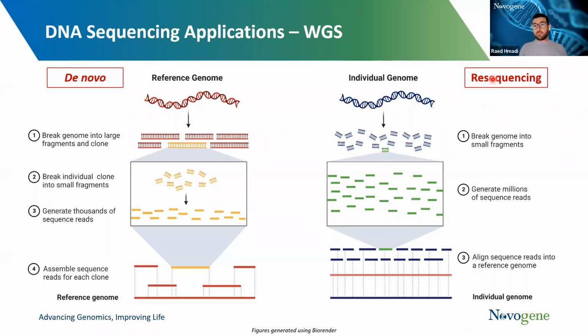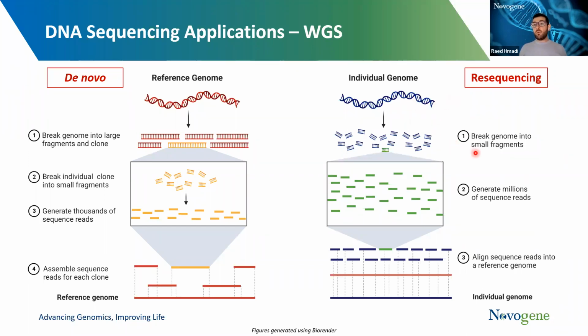On the other hand, using the resequencing approach, our aim here is different. What we are trying to do here is to sequence a new individual within a specific species in order to find differences between the new genome that we have sequenced and the reference genome that already exists.